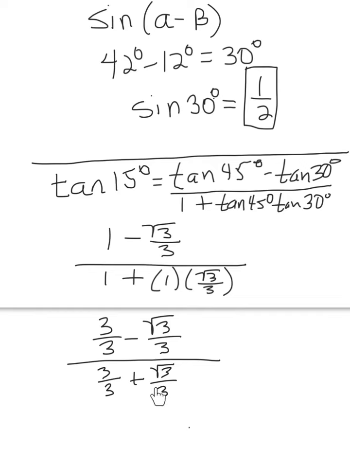Same thing down here with the denominator. So let's go ahead and combine this numerator and this denominator and then see what we get. Okay, so when I multiply by the reciprocal, these 3's are going to cancel out. And what I have left is 3 minus root 3 over 3 plus root 3. And that is going to be my exact value for the tangent of 15 degrees.